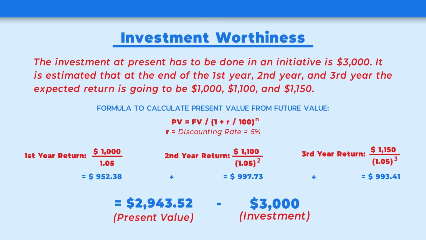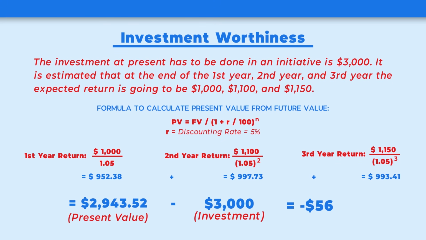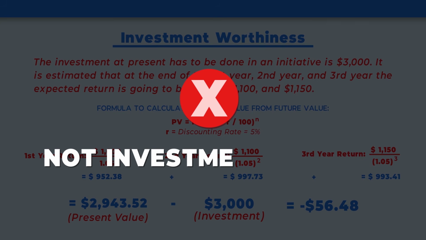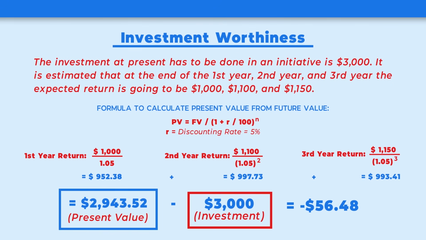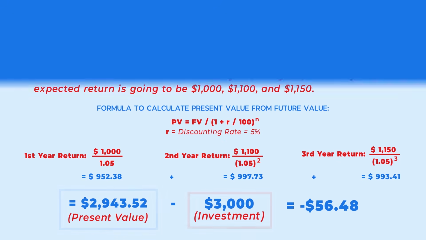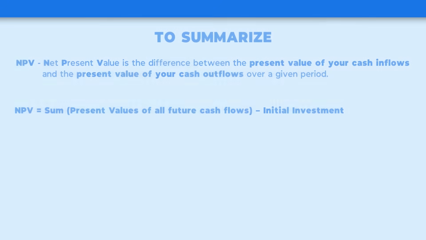If you take the difference between these two, it is going to be negative, which means that this project or this initiative is not investment worthy, because the present value of the net returns in the future is lower than the investment being made today. So this is the concept of NPV, where we calculate the net present value by subtracting the returns present value and the investments present value.